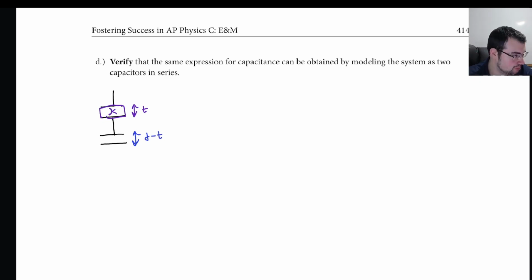So if we were to model this in series, we would just do this, where I have a dielectric slab of thickness T, and then I have an air gap capacitor that fills the remaining distance, so the total distance D minus the thickness T. And this isn't bad. It's pretty straightforward to model, and it's also not hard to see that the equivalent capacitance is just going to be given by the series rule.